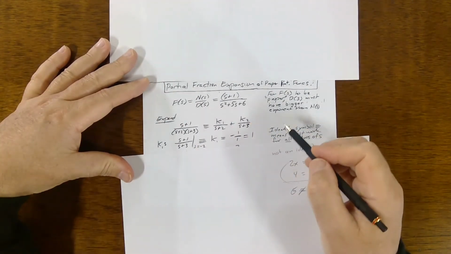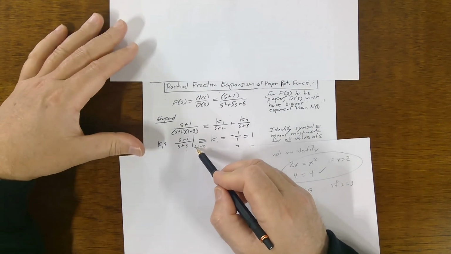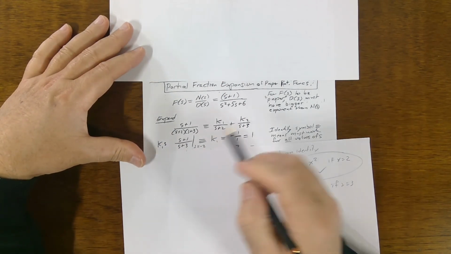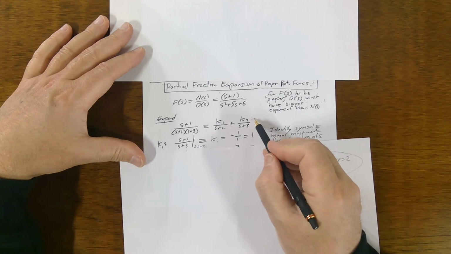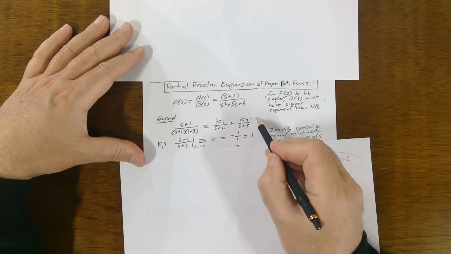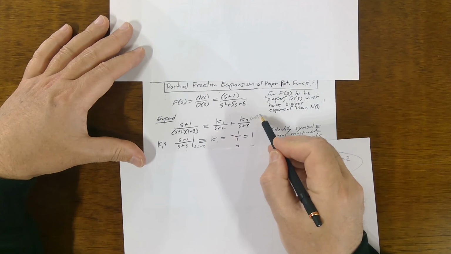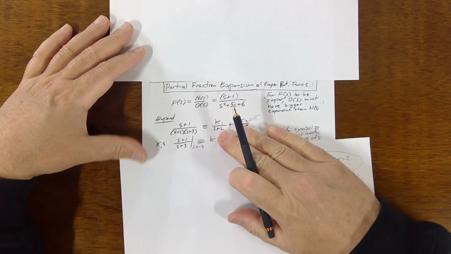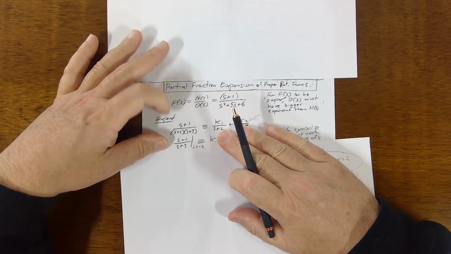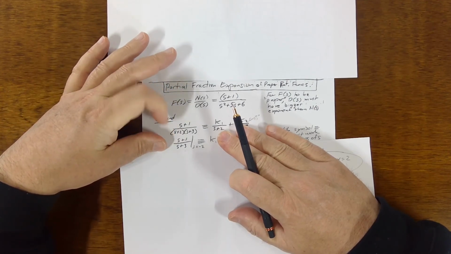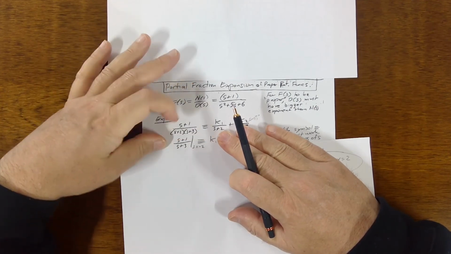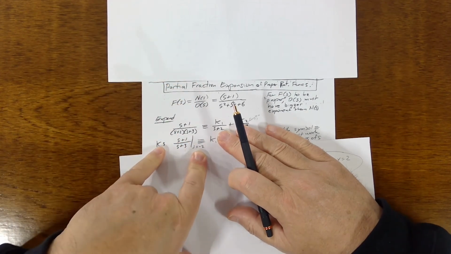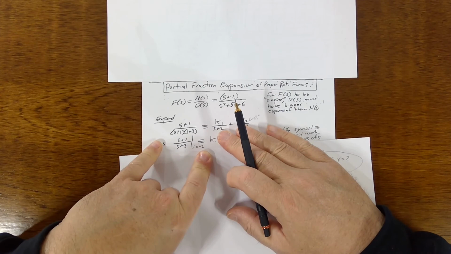But the next thing you do is you evaluate when s equals minus 2. If you imagine there's an s plus 2 here, when you put in a minus 2, this becomes 0. So in effect, you just end up with this thing here: s1 over s3 equals k1, and you evaluate at s equals minus 2.